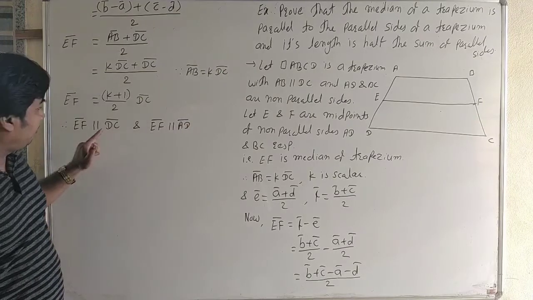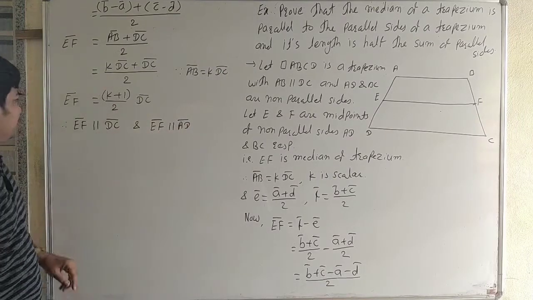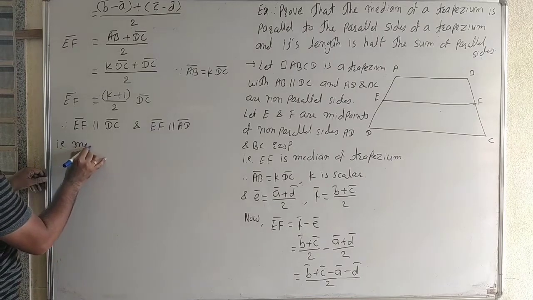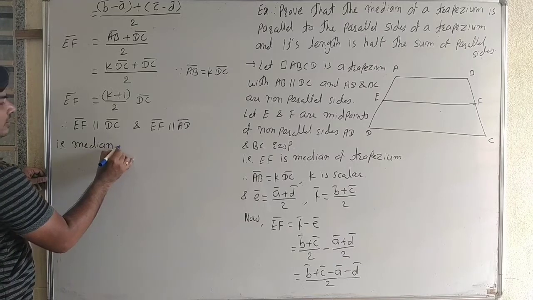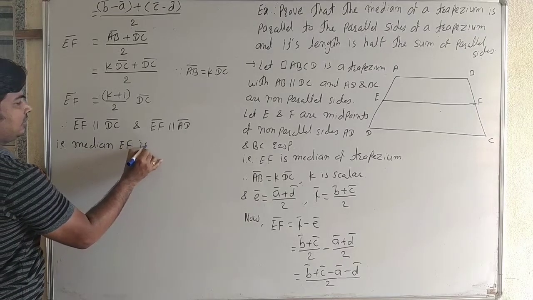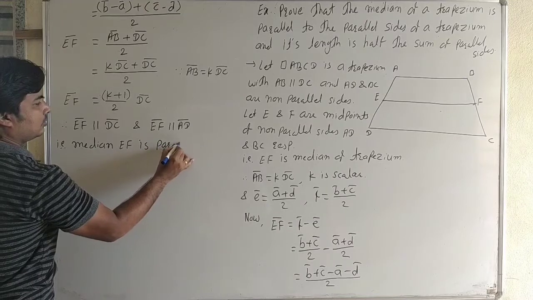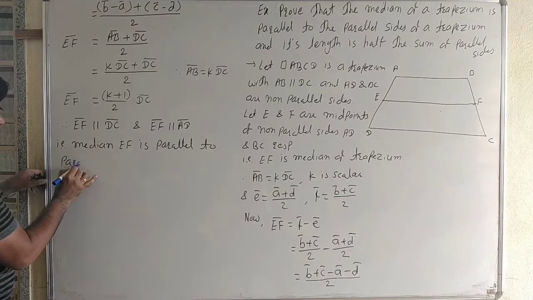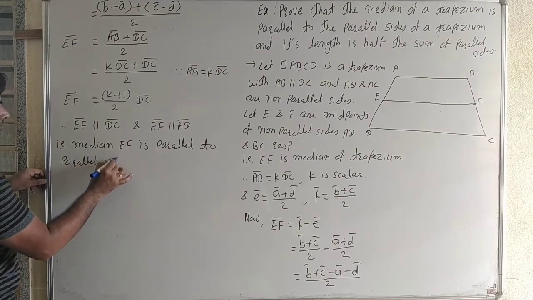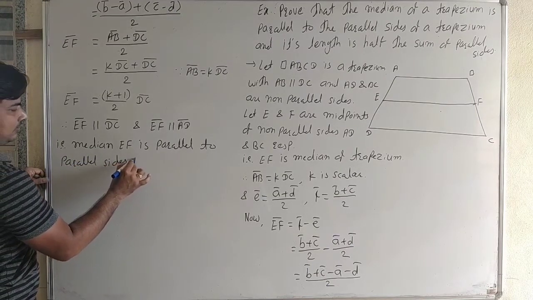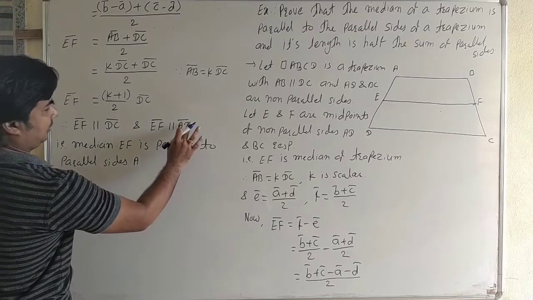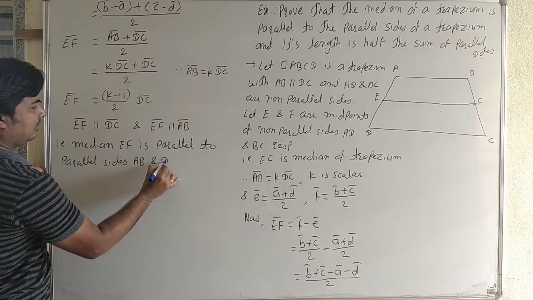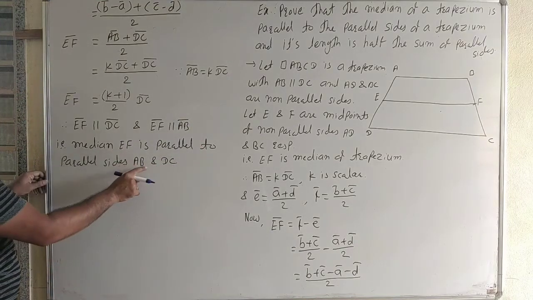That means the median is parallel to the parallel sides, that is, median EF is parallel to the parallel sides AB and DC.